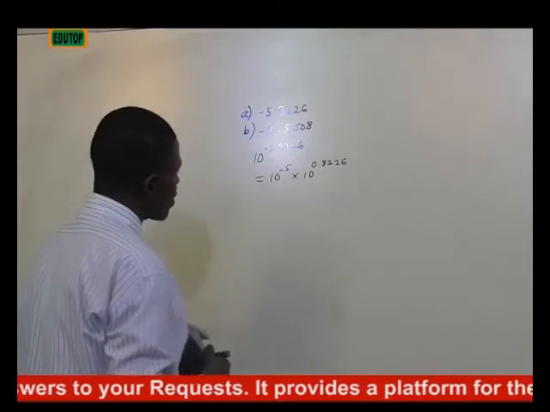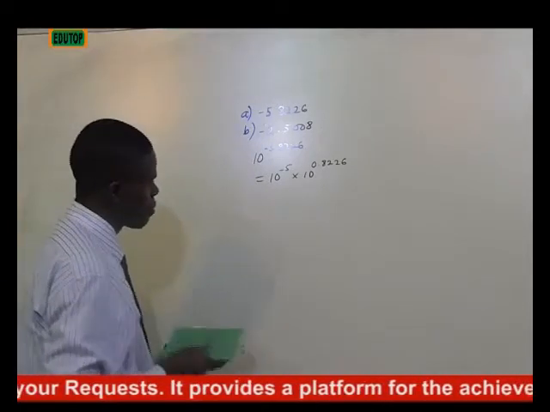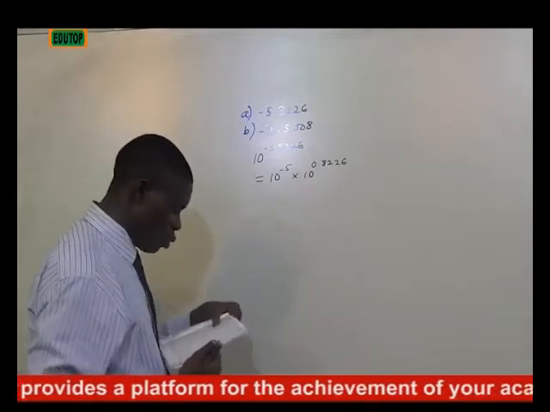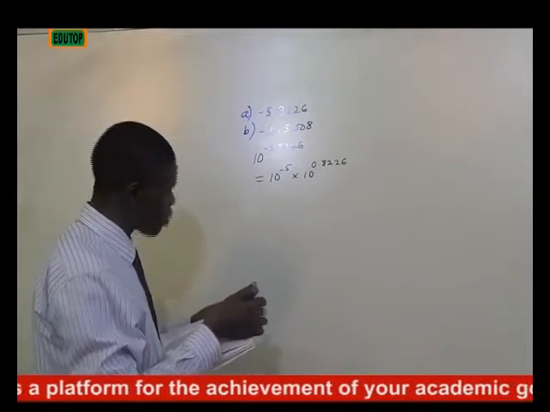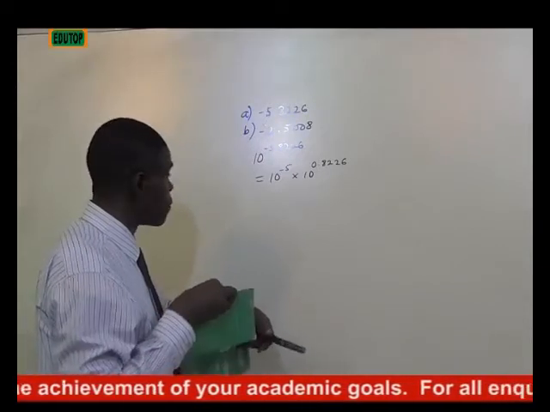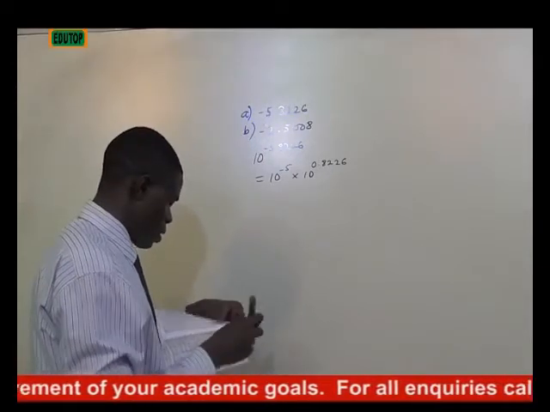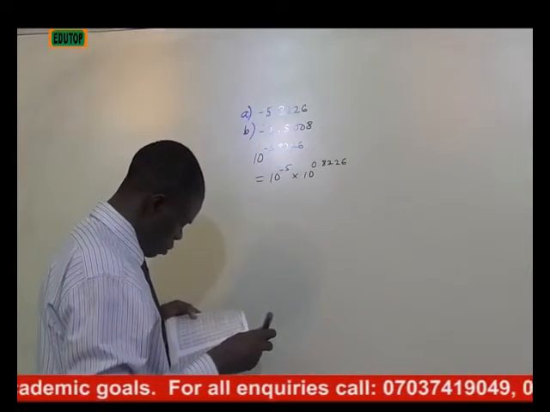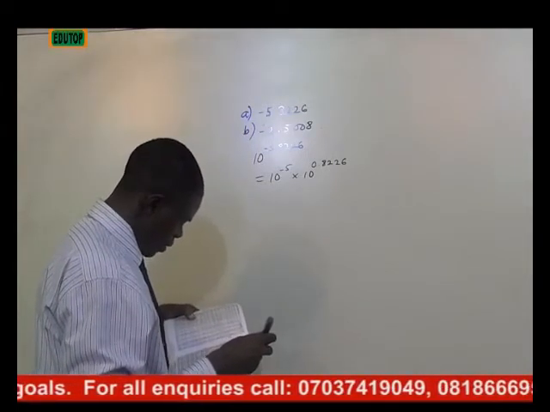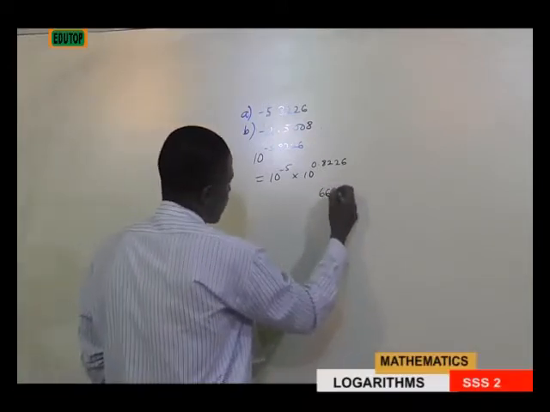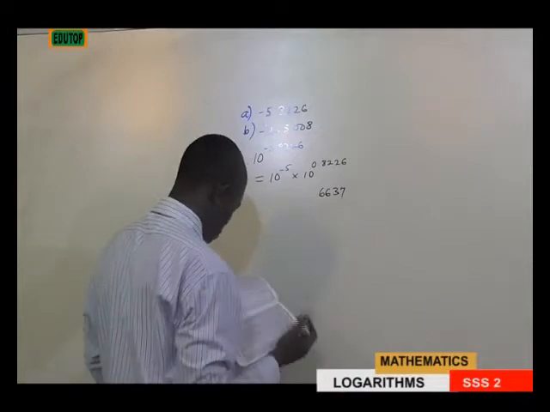So under the anti-log, we have anti-log of numbers 82 under 2, difference 6. 82 under 2, that's 6637, difference 6.